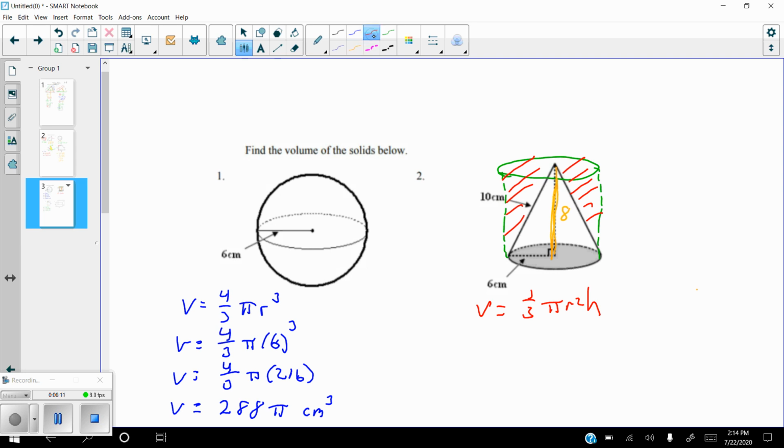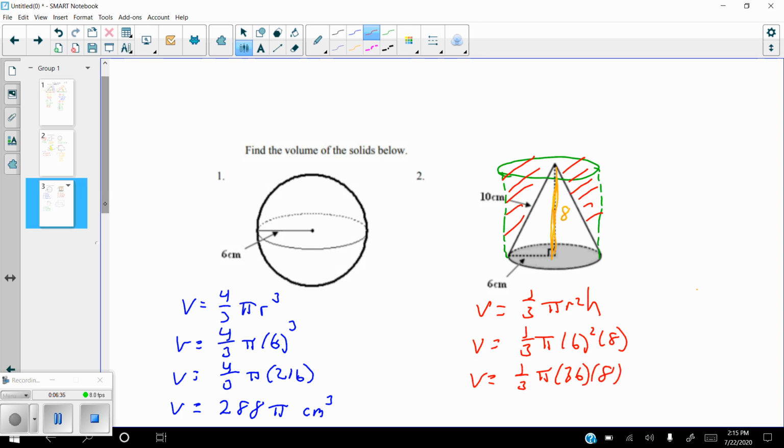So let's go ahead and figure out our volume, which is 1/3 pi. The radius is 6, so 6 squared, times the height, which is 8. So we're going to get 1/3 pi times 36 times 8.